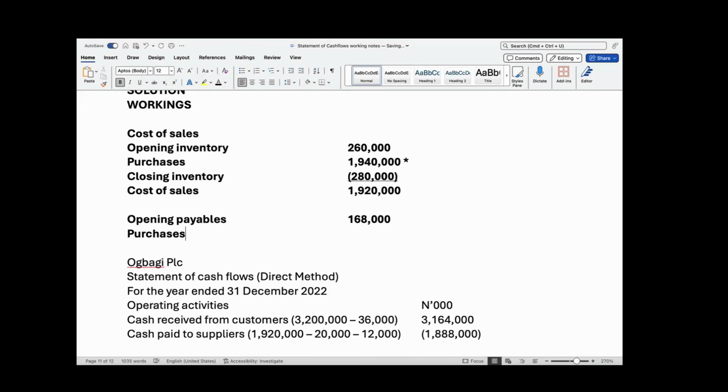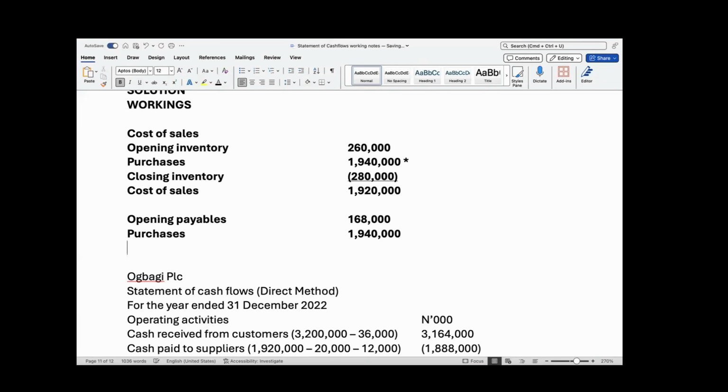Purchases. What was the expected closing?